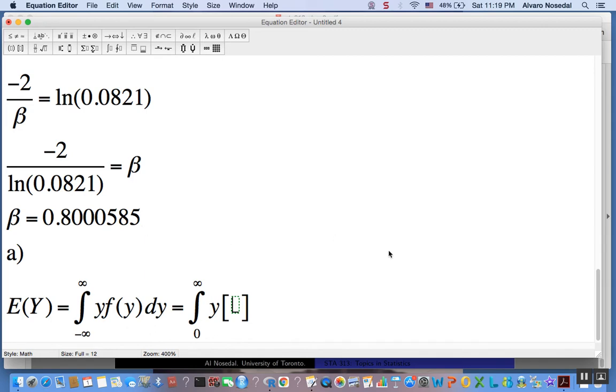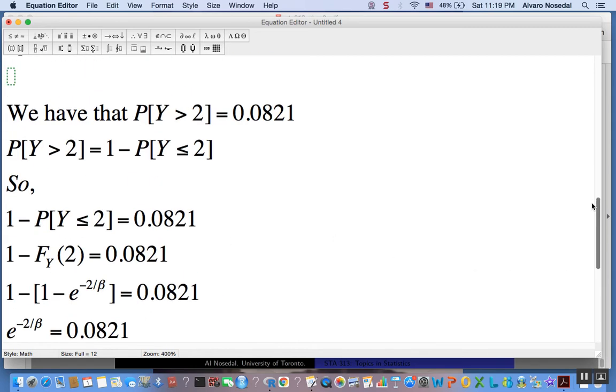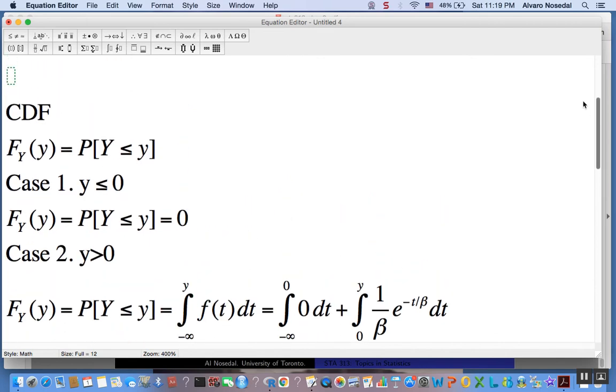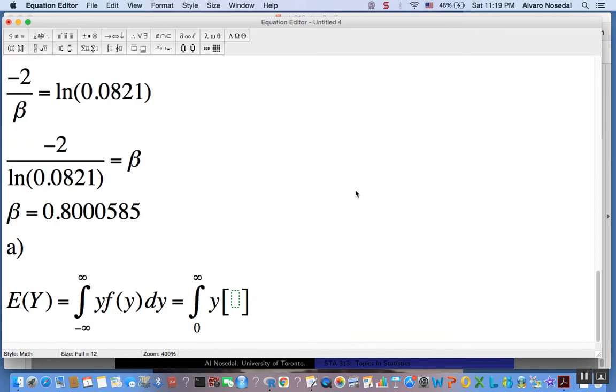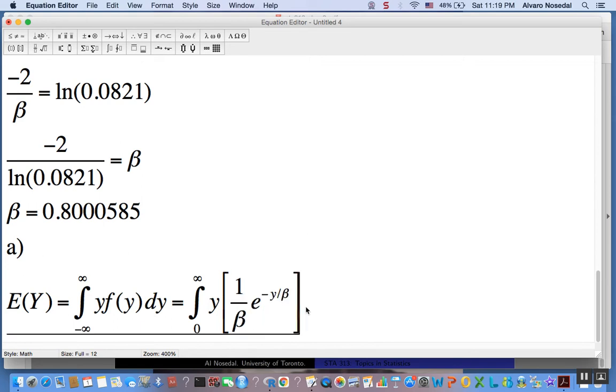Let me write down the generic expression for an exponential using beta instead of the actual value of beta. Makes sense?